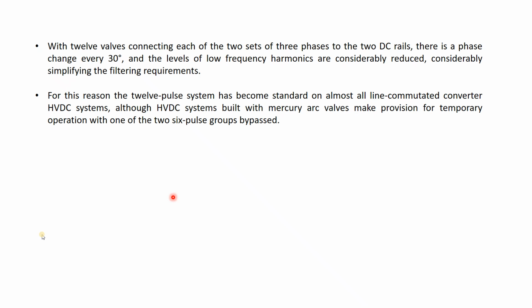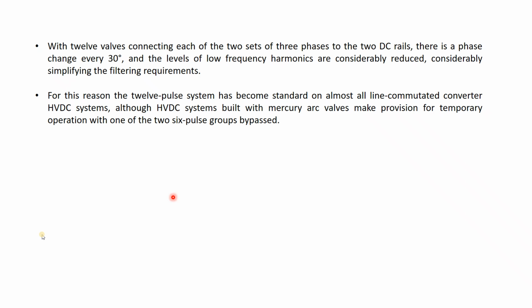So for this reason the 12 pulse has become standard on almost all line commutated converter HVDC systems. Whenever you are using the line commutated converters, LCC, we have seen that previously mercury valve LCCs were used, now thyristor based LCCs are used. Everywhere nowadays 12 pulse is used for the converter.